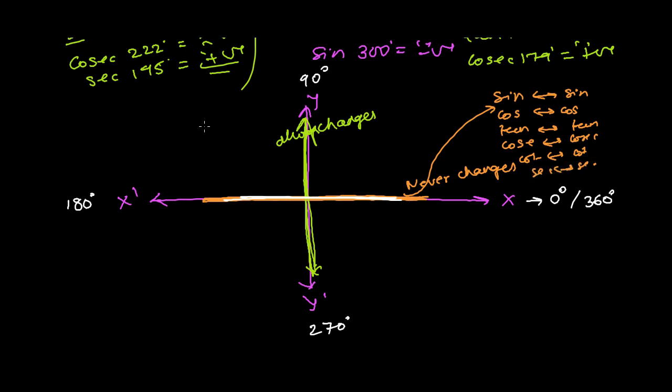But here I'm saying it always changes in this line. If I'm taking the reference of 90, then every time the values are changing. If I have sine of 90 plus something, then that will convert to cosine. If I have cosine, then that will change to sine. If I have tangent, then that will convert to cotangent.